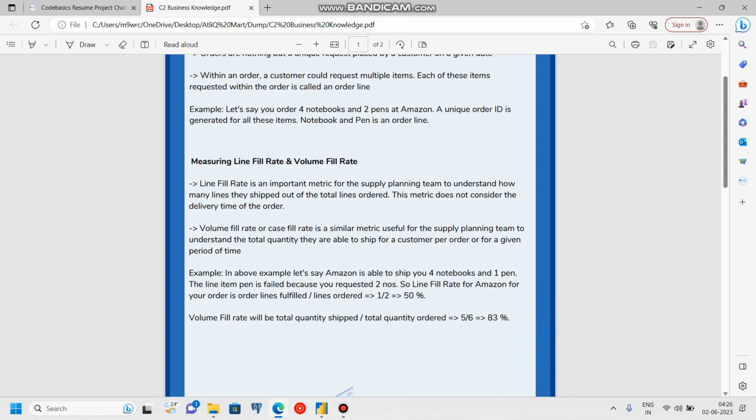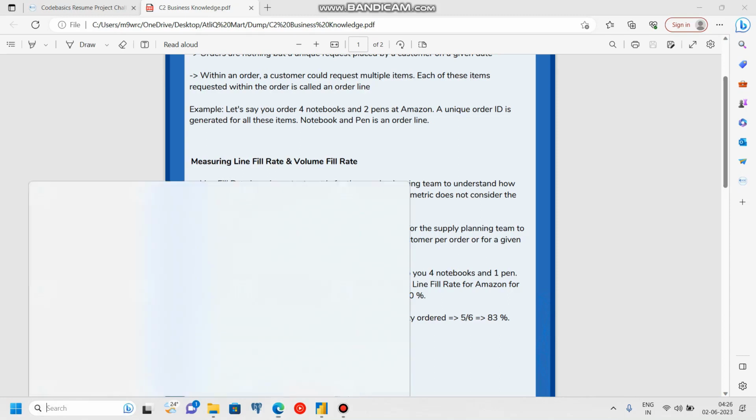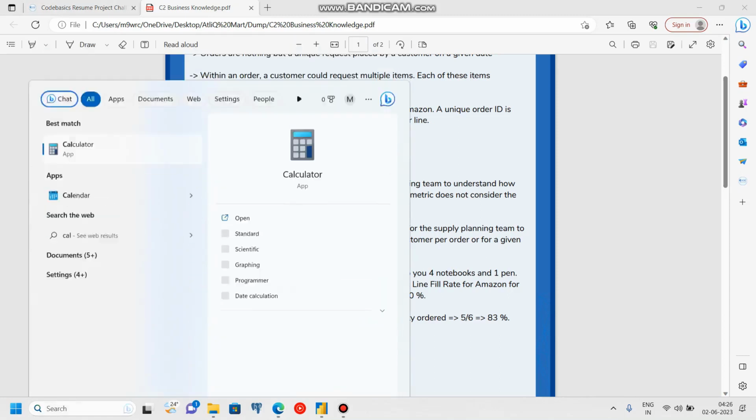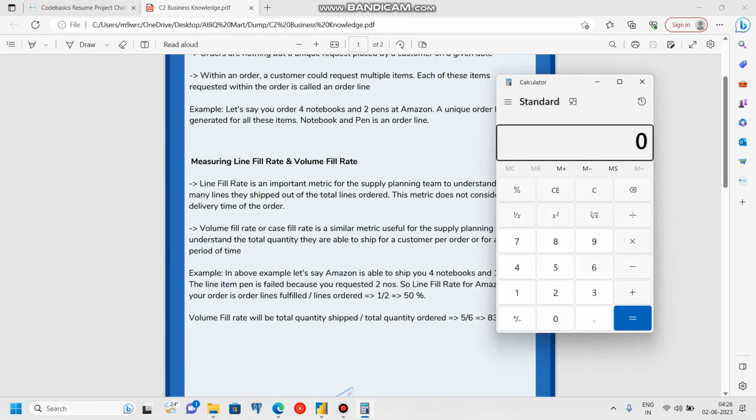So, LIFR or line fill rate is equal to the number of order lines fulfilled upon order lines ordered. So let's say for our example of Zepto, where I ordered a dozen eggs as 1 unit and 2 packets of brown bread, so that is another 2 units.